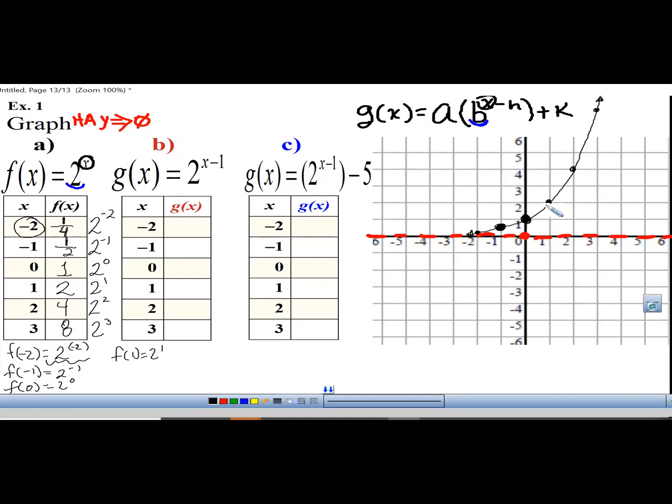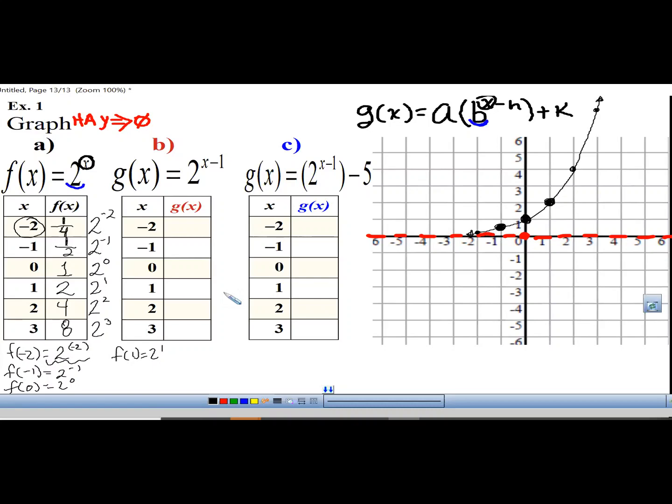And 1, 2. Those 3 points. We're going to move our function using those 3 points. Those are our handles in order to move the function according to the transformations that they give us.